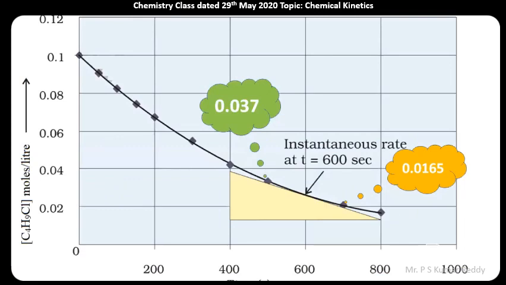So now I'm displaying another graph for you to calculate the instantaneous rate of reaction by plotting a graph and taking the tangent. So for the instantaneous rate of reaction at 600 seconds, I am plotting a tangent there.